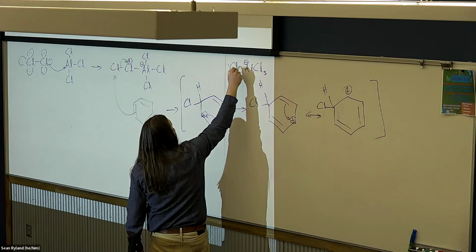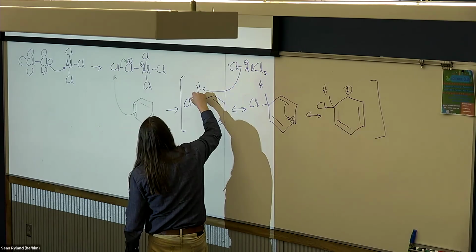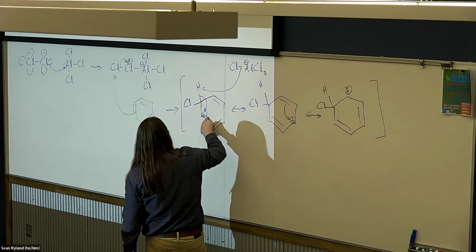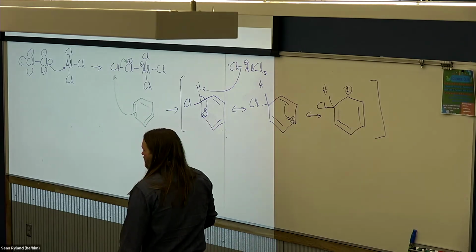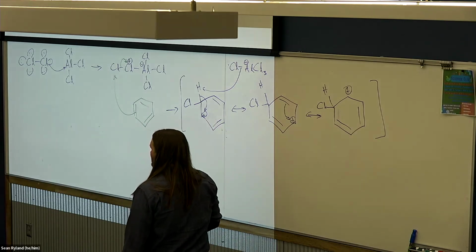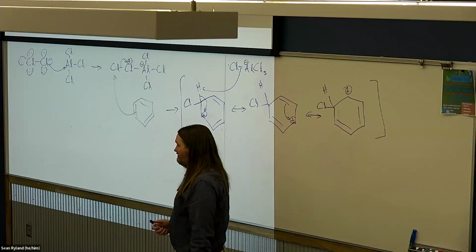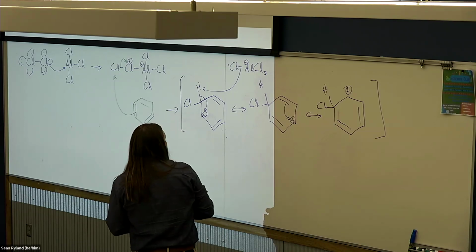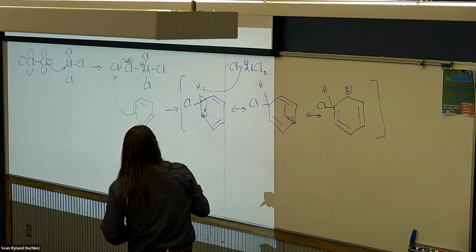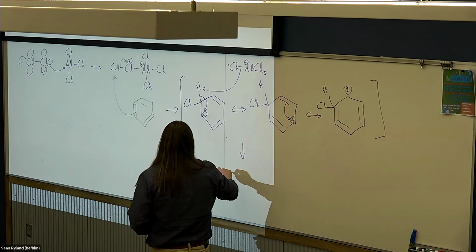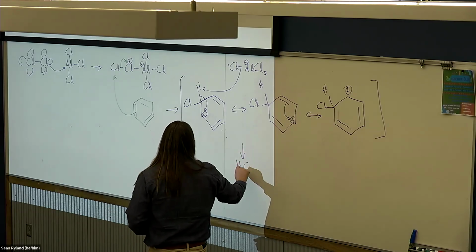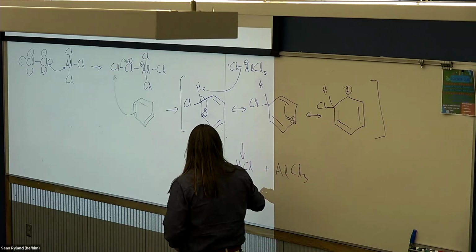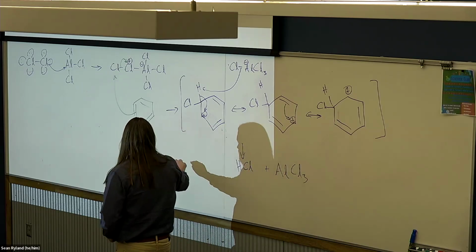So we're just going to bring those electrons over and grab that. These electrons move over to the positive charge because the positive charge is an empty spot in the valence. So we get HCl, AlCl3 again, and chlorobenzene.